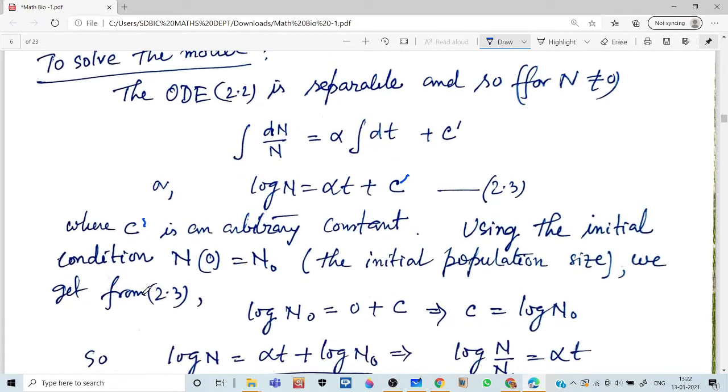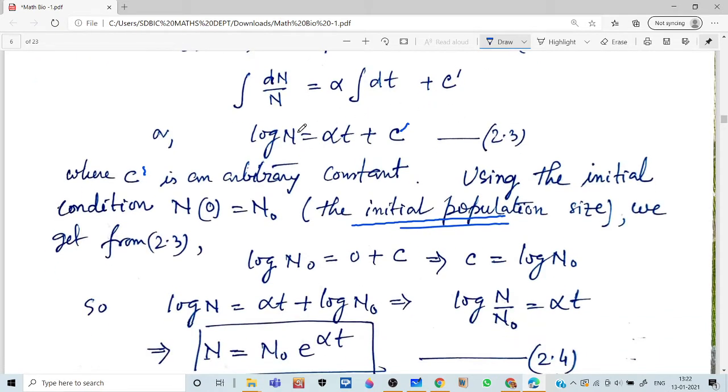Using the initial condition, N at time 0 is called N0, the initial population size. So when t is equal to 0, N is equal to N0. We get log N0 is equal to alpha times 0 plus c dash. So c dash is equal to log N0. Putting this in, log N is equal to alpha t plus log N0.